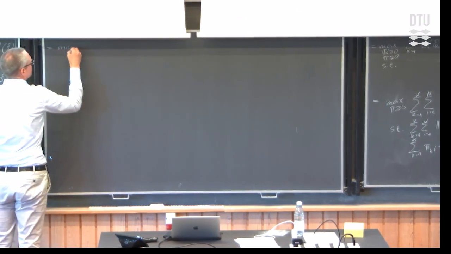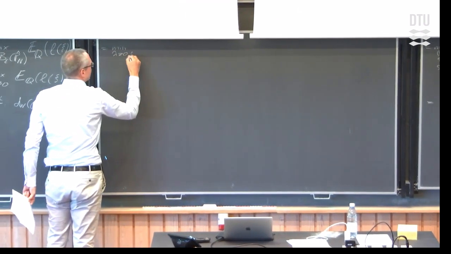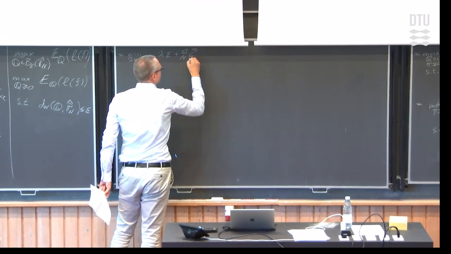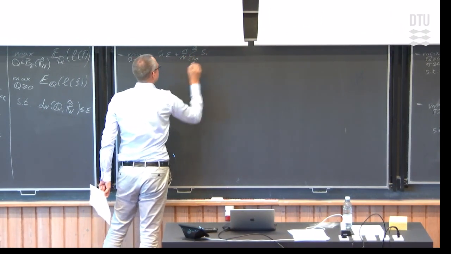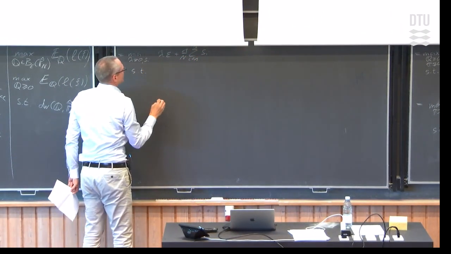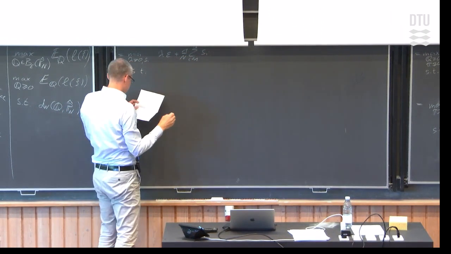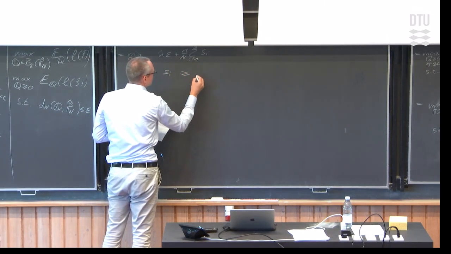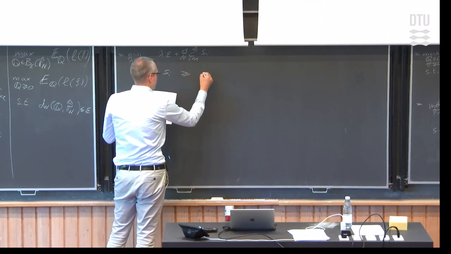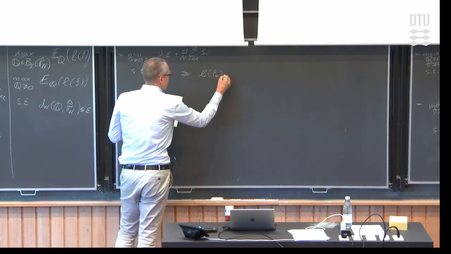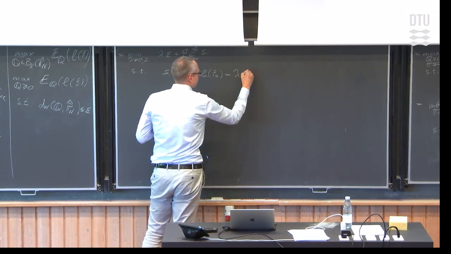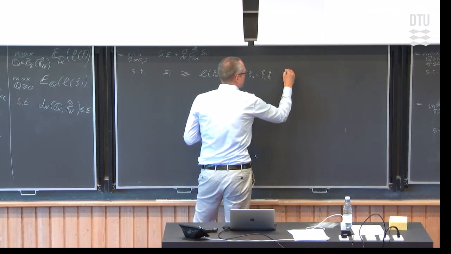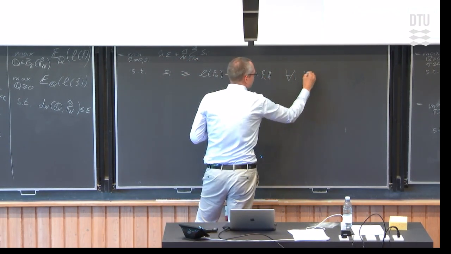So it's the minimization problem over lambda larger or equal to 0 and over Si, where I minimize lambda times epsilon plus 1 over n sum from I equals 1 to capital N of Si, subject to the constraint that Si is larger or equal to L of psi k minus lambda times the distance between psi k and psi hat I, for every I and for every k.